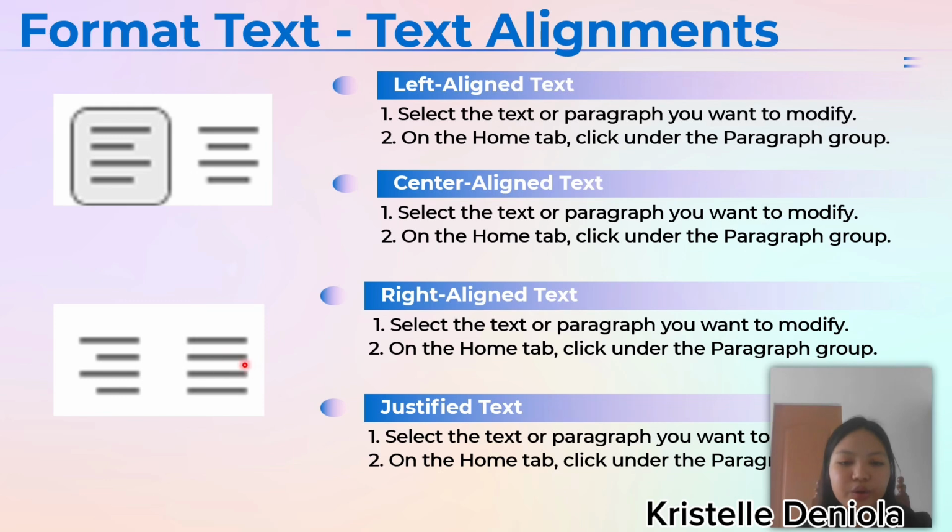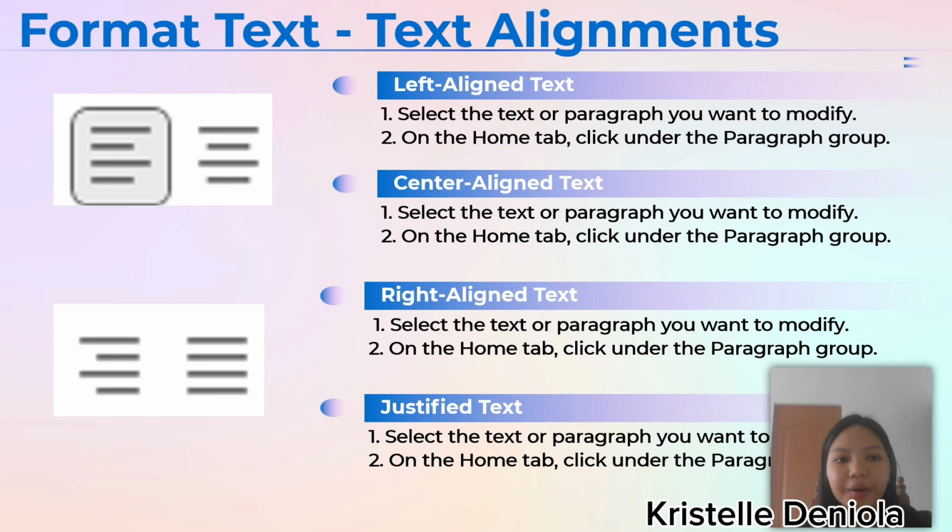Or for shortcut keys, if you want the text or the paragraph left aligned, you can just press Control together with letter L on your keyboard to make the text align on the left. However, for the center aligned text, you can just press Control together with E to make the text on the center.